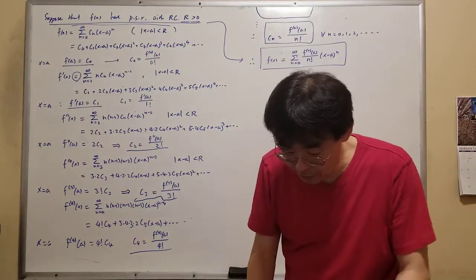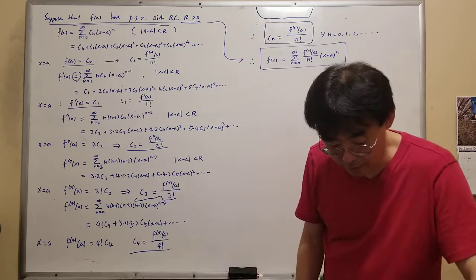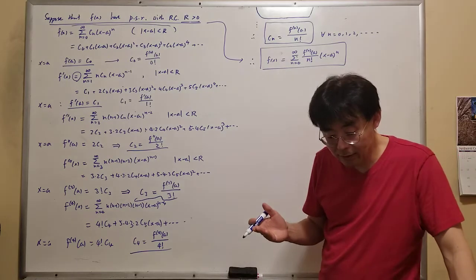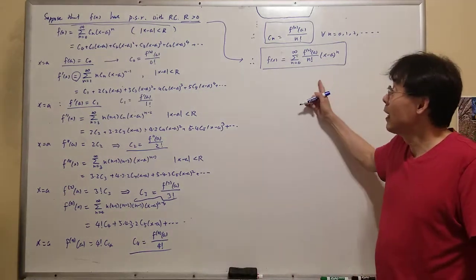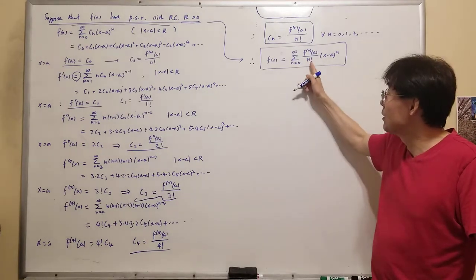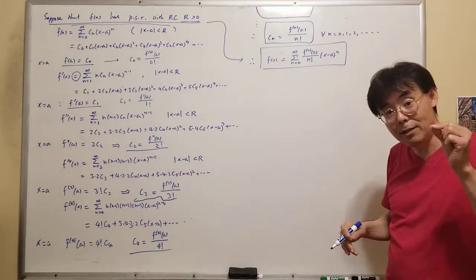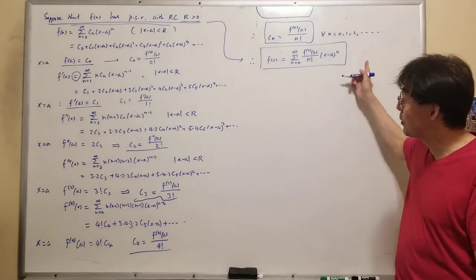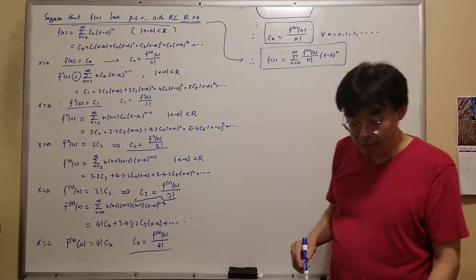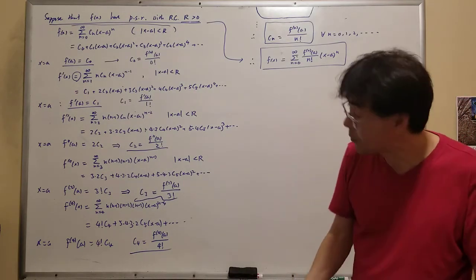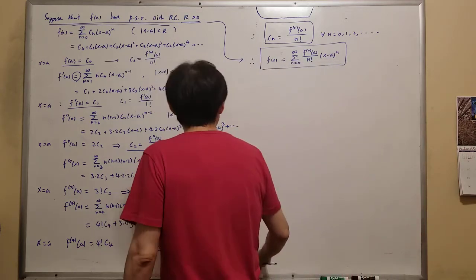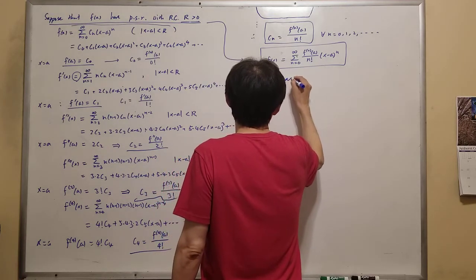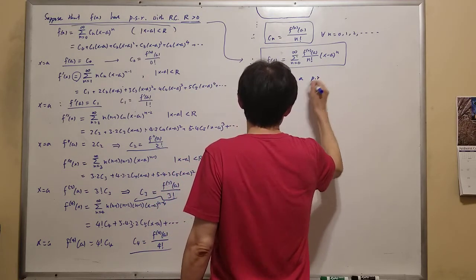So that's theorem 1: if f has a power series representation at a with some positive radius of convergence, then that power series representation must have this form. Your coefficient cn must be the nth order derivative of f at a divided by n factorial, for all non-negative integers n. And we call it the Taylor series. That is, if f has a power series representation.